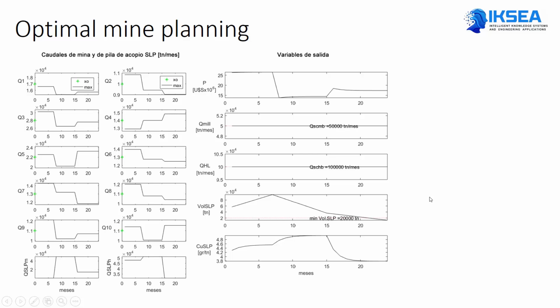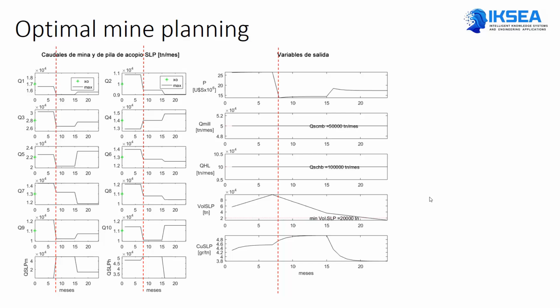This figure shows the time evolution of an actual application example using a 24-month horizon. The gold grades of the different ore sources range from 2 to 12 grams per ton, but they show a sharp drop in their forecast in month 8.